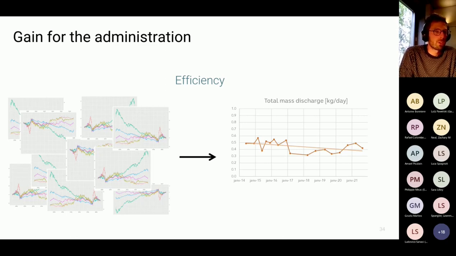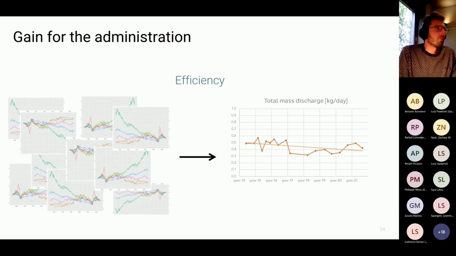It gives 340 time series to evaluate, so it's quite difficult to define a trend analysis on that. But thanks to the mass discharge calculation, we were able to provide a single mass discharge time series for each metal. So it was much more robust data to perform trend analysis. The administration was quite happy to have only 8 graphs to look at and not a few hundred graphs.